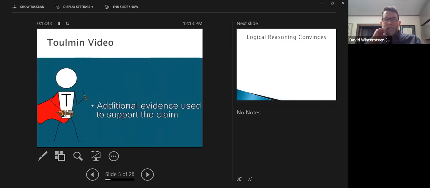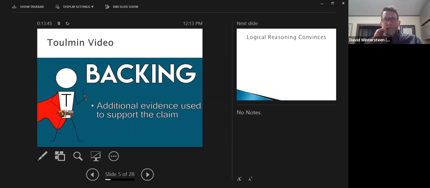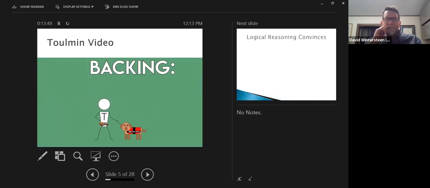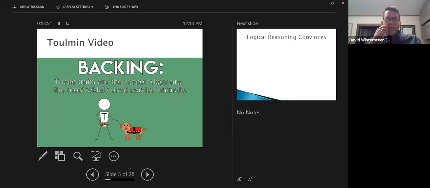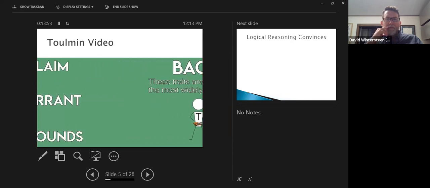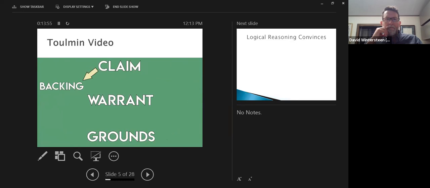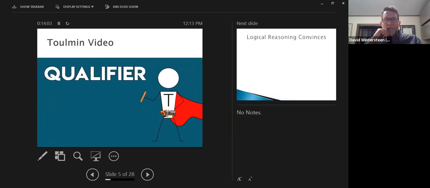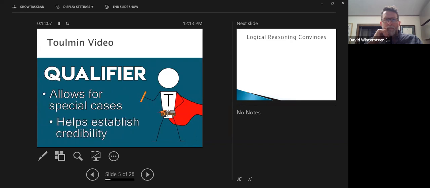Any additional evidence used to support the claim is considered the backing. For example, these traits are why dogs are the most widely used service animals. While this statement may not be enough justification on its own, it serves well in conjunction with the warrant and grounds. Few claims are true in all circumstances. A qualifier allows for special cases and helps establish the author as reasonable and credible.